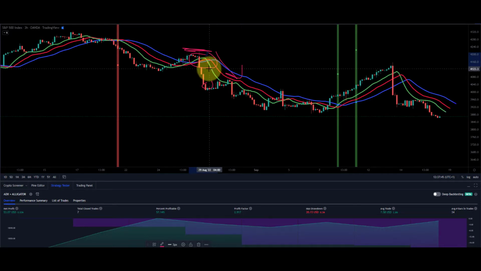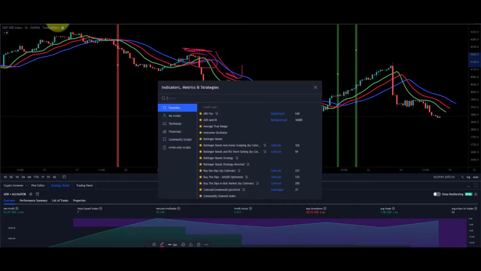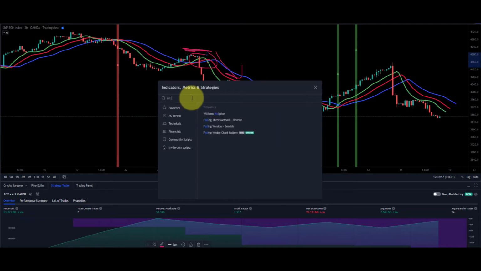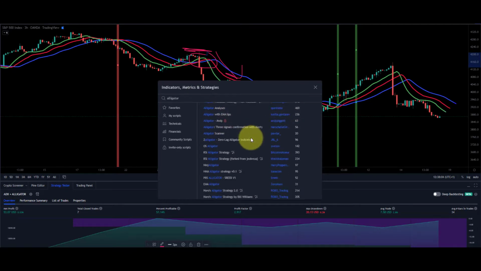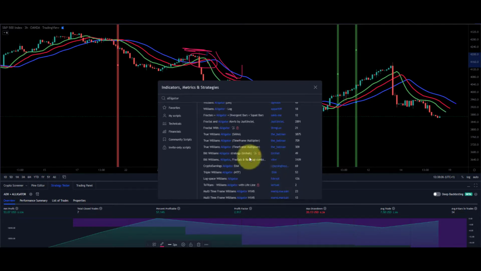So again, if you go on to TradingView, there are a lot of other indicators and strategies that people have created for the alligator indicator. If we just typed in alligator again, you can see all these different ideas from different people. So maybe have a play with them. They're going to pull back some stats for you down the bottom. Might be the easy way in if you want to use the alligator indicator.